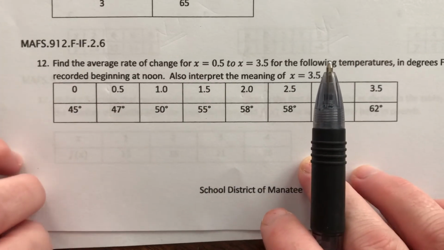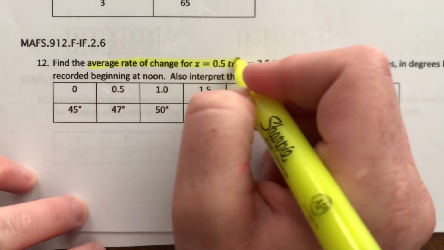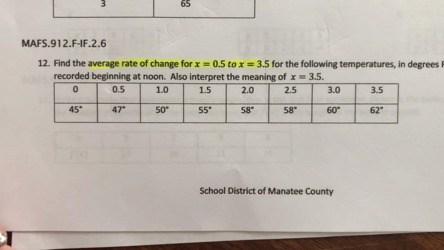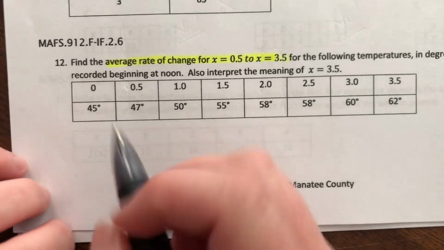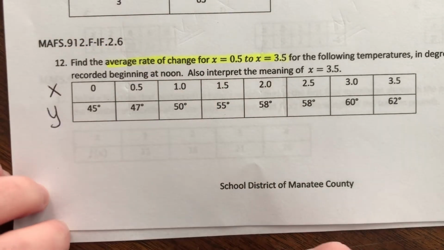Okay, number 12. Find the average rate of change for the following temperatures in degrees Fahrenheit recorded beginning at noon. Also interpret the meaning of x equals 3.5. All right, so time is x and y is our temperature, right?